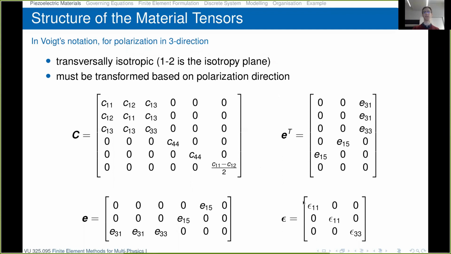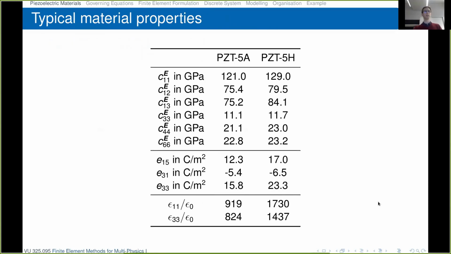You can easily recognize this if you look at the permittivity, which has 2 equal entries in the 1 and 2 direction, and a different entry in the 3 direction. Okay, so typical values are given here for 2 technically relevant PZT variants, just to have an idea of the order of magnitude of the quantities.